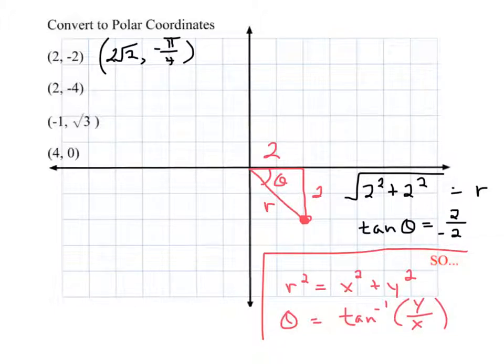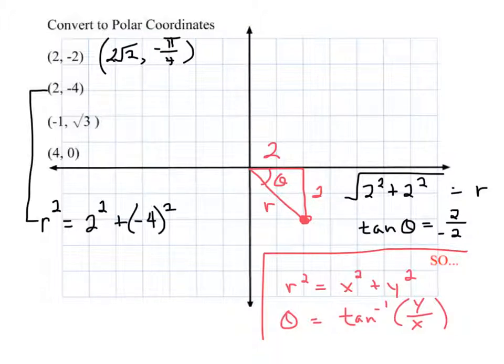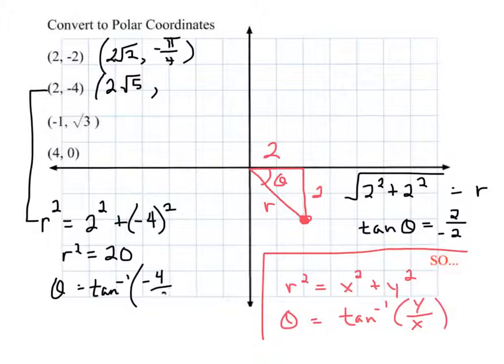So let's do one more. Okay, so r squared would be equal to 2 squared plus negative 4 squared. So r squared is equal to 20. So, of course, r is the square root of 20, or 2 square roots of 5. Okay, and then theta is the inverse tangent of y over x.